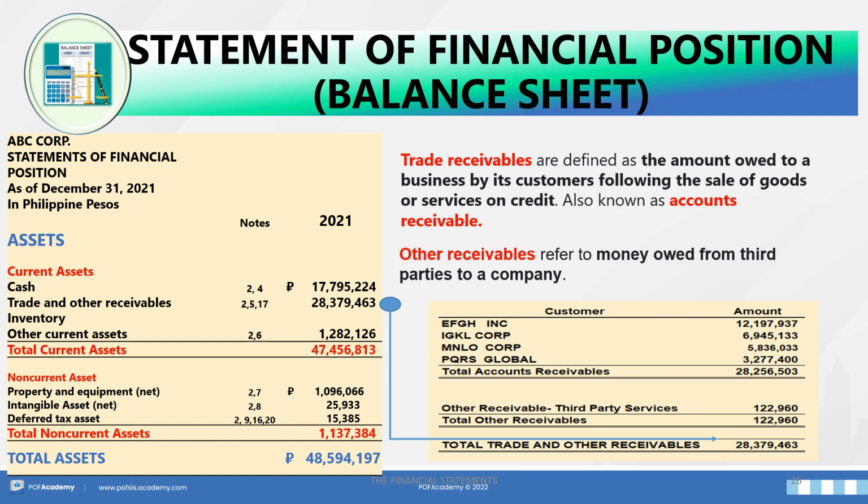On our sample here, the 28,379,463 is from the receivables of the customers amounting to 28,256,503 and the receivable from third party amounting to 122,960.